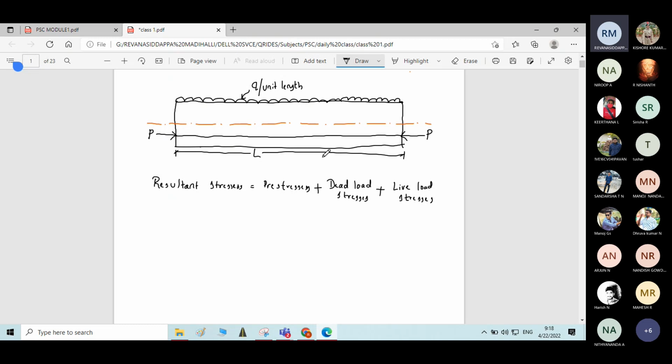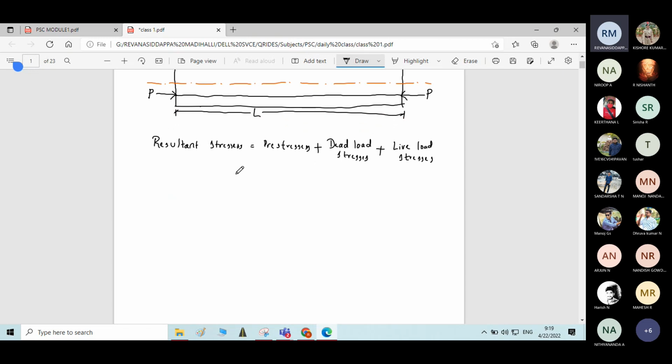If you find pre-stresses, dead load stresses and live load stresses, adding all together, you can find the resultant stress that is acting on a beam at the required location, whether it may be top fiber or the bottom fiber.